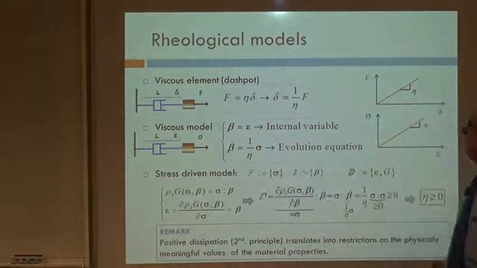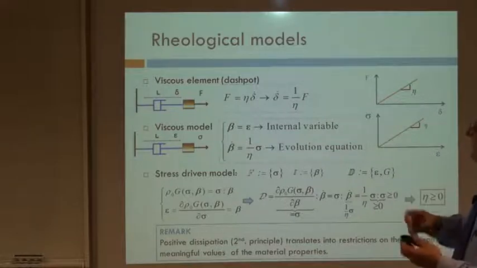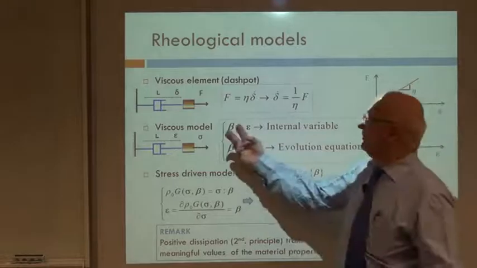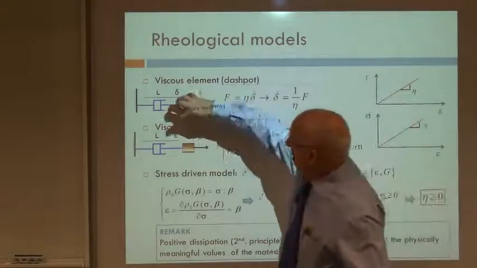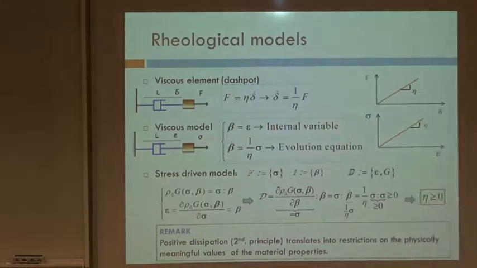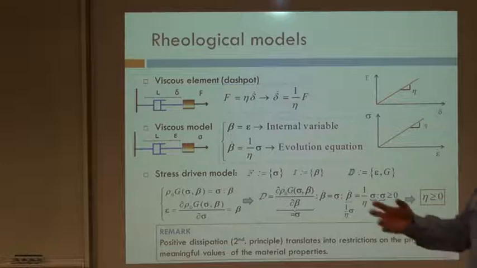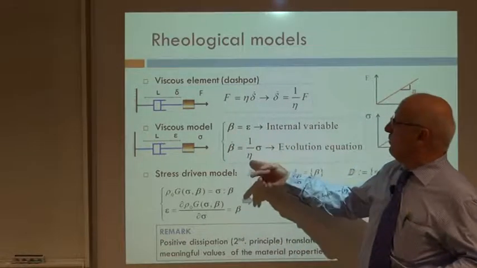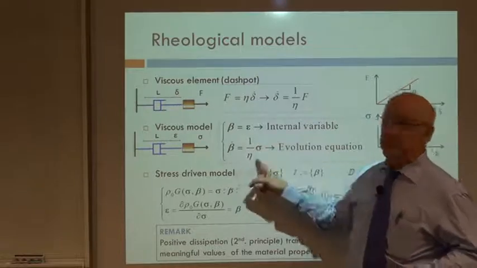But let's formulate this model in terms of what we have seen. Let's define an internal variable that we will term beta, which is precisely the strain. So the strain of the dashpot is now considered an internal variable. So beta dot equals 1 over eta times sigma can be considered what?